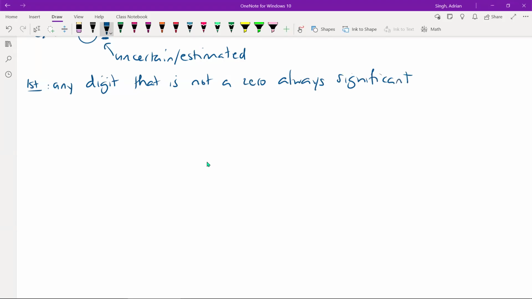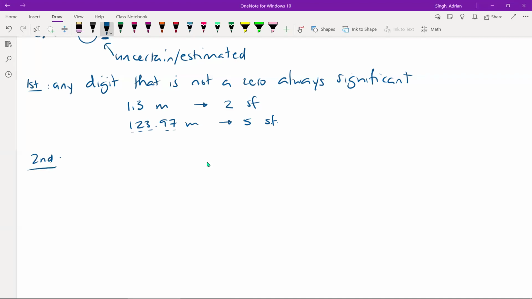Okay, so for example, if we have a measurement, like we said before, of 1.3 meters, this is going to have two significant figures. If I have 123.97, right, all of those are non-zero digits, so that's going to have 1, 2, 3, 4, 5 significant figures. So it's fairly simple if your number only has non-zero digits.